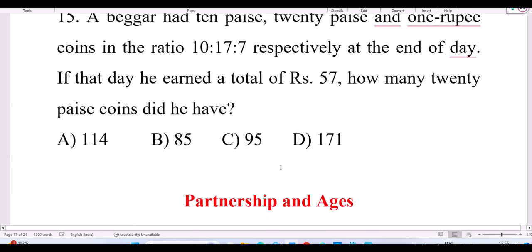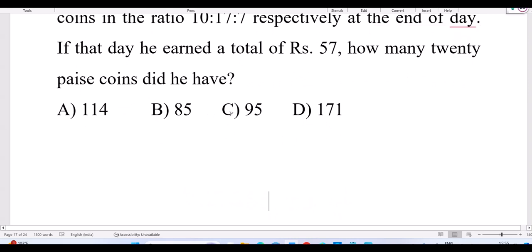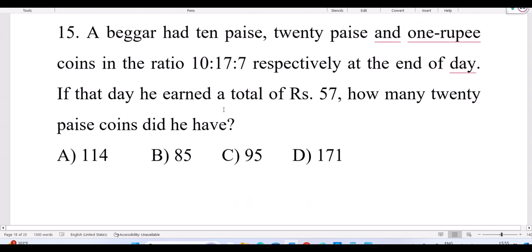A beggar had 10 paise, 20 paise and 1 rupee coins in the ratio 10, 17 and 7. At the end of the day, if he earned a total of rupees 57, how many 20 paise coins? Now as per the trend, we need to change it to 10 rupees, 20 rupees, 100 rupees. We don't accept paise, right? So we can change.